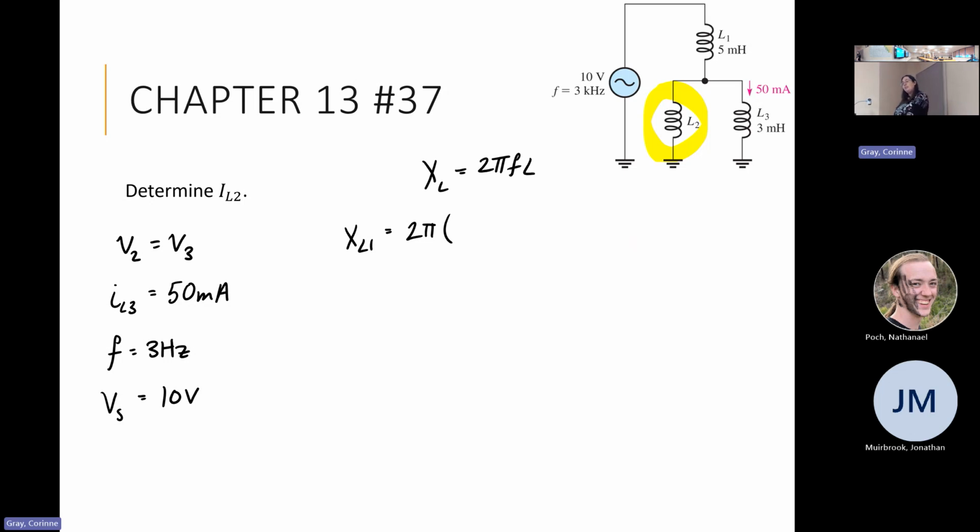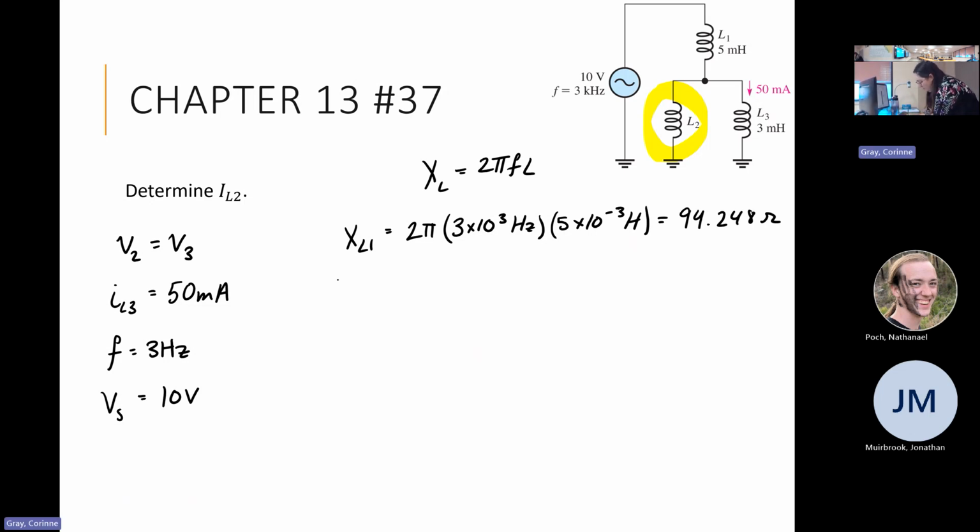So in this particular case, we can convert it, and we'll show it for L1, but we'll see for L3, if we don't convert it, mathematically, it'll still pop out in ohms. So we'll see it represented both ways. 10 to the 3 hertz, 5 times 10 to the -3 henry. So by exponential rules, this will pop out as 94.248 ohms.